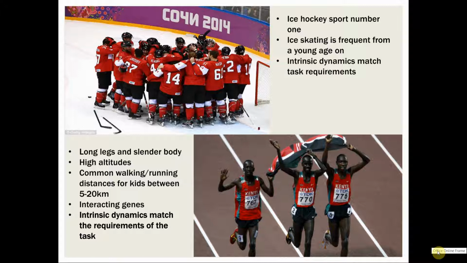So here we see that there's an interaction between genes and cultural aspects, right? So again, the intrinsic dynamics for Kenyan people match the requirements of the task of running, and they've got an absolute superiority in long distance running.